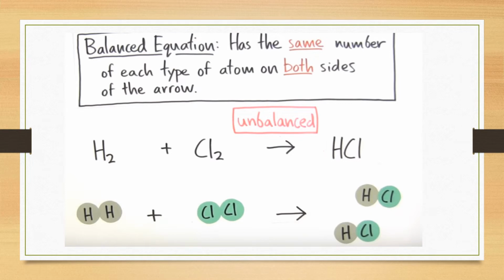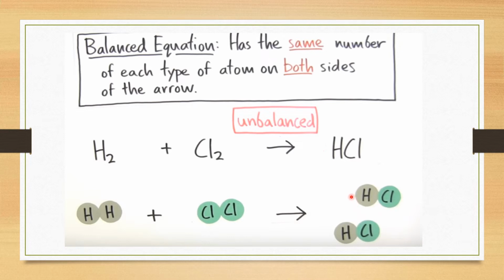If we add one HCl molecule on the product side, we obtain 2 atoms of hydrogen and 2 atoms of chlorine. Now we have 2 hydrogen atoms on reactant side and 2 hydrogen atoms on product side. Also, we have 2 chlorine atoms on reactant side and 2 chlorine atoms on product side.